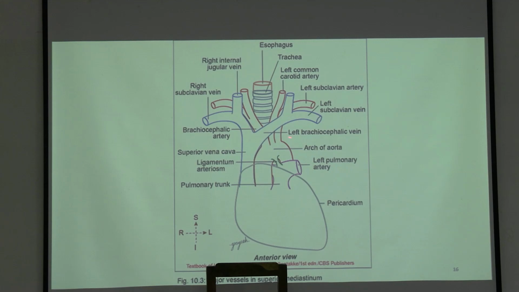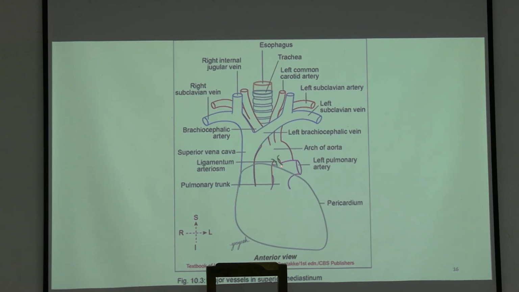Here we can find this is arch of aorta, and this is the pulmonary trunk. Okay, this pulmonary trunk arises from the right heart, and this is the arch of aorta. And in between there is a connection between the pulmonary trunk and the arch of aorta, a tubular opening.